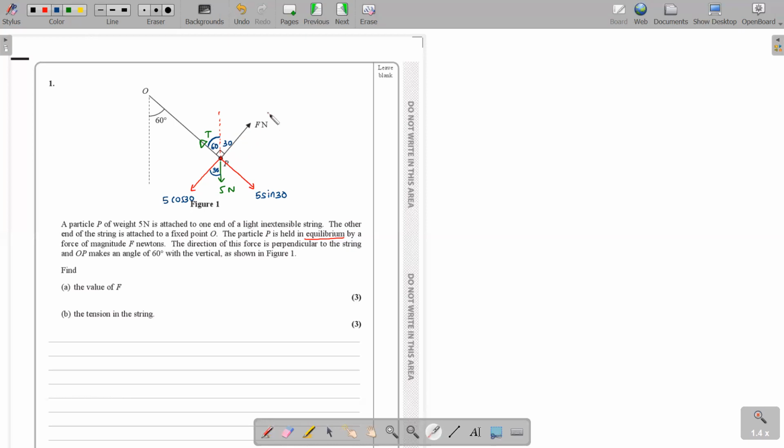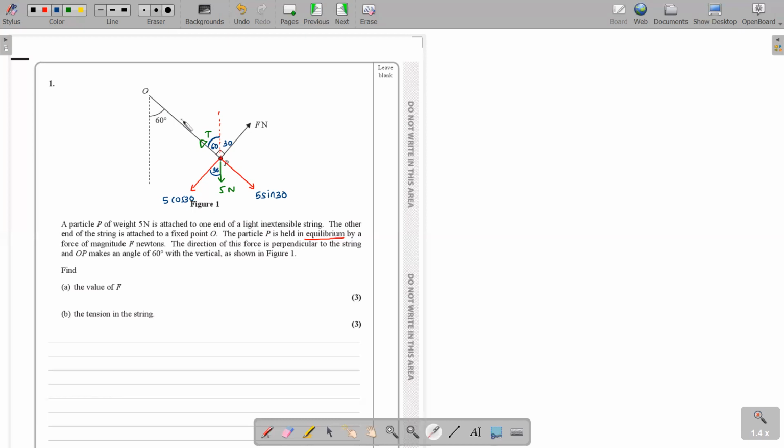End of the day, what I'm doing here is creating a system of forces where I take the equilibrium perpendicular to the OP line and along the OP line, instead of the traditional direct vertical and horizontal. I will be taking perpendicular to the OP line as my y-axis and along the OP line as my x-axis.